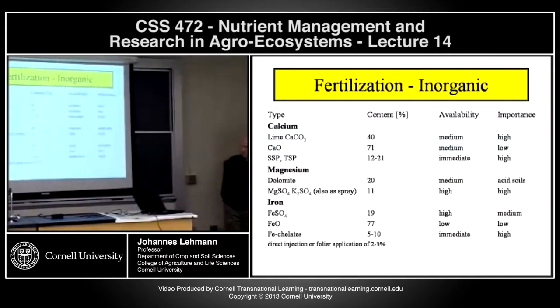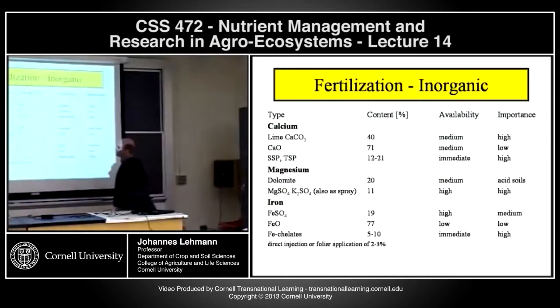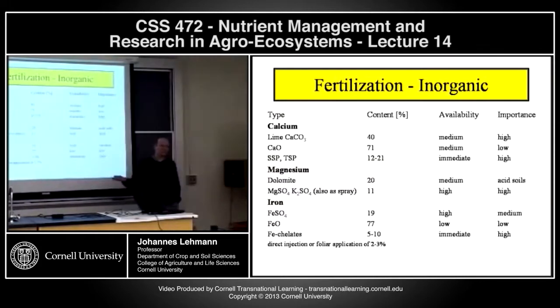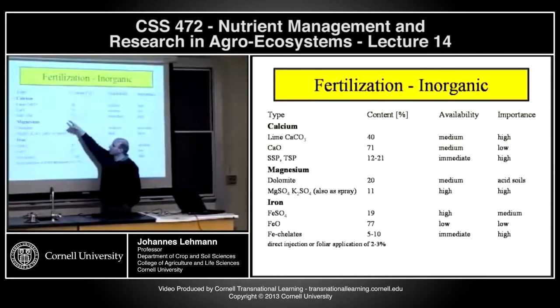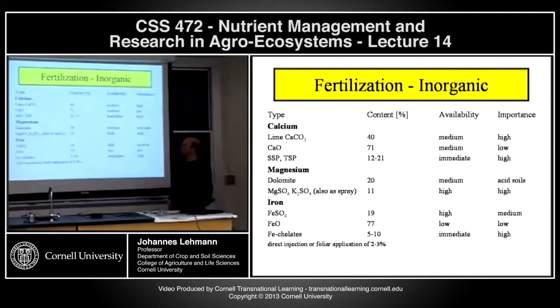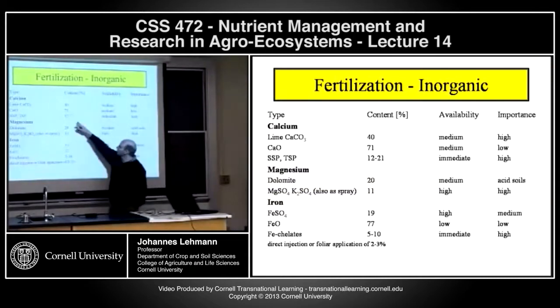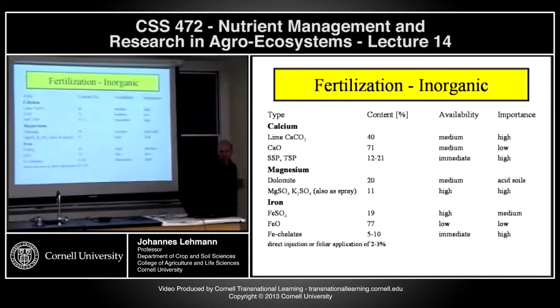Calcium, mostly applied as lime, or where you don't apply lime because you don't need to apply lime, then of course very often you get your calcium through the application of single superphosphate or triple superphosphate. And they have 10 to 20% of their mass is calcium.